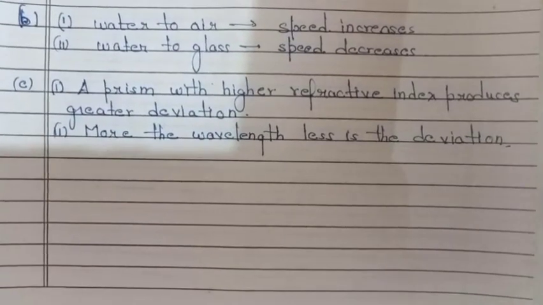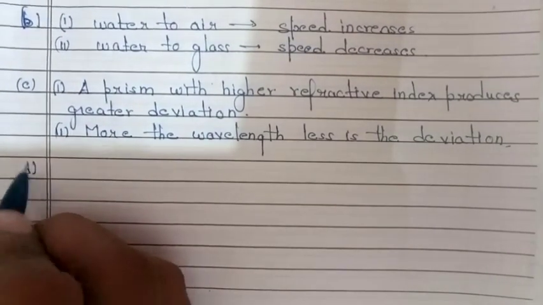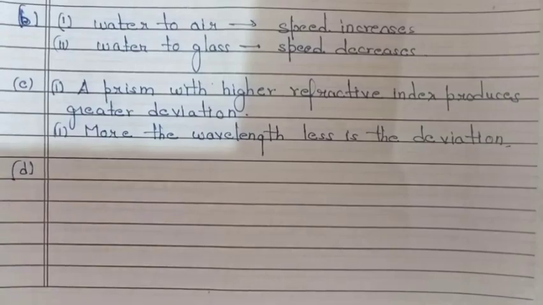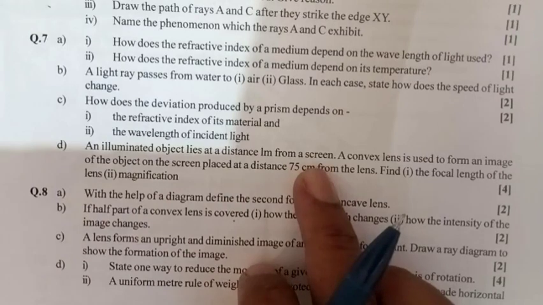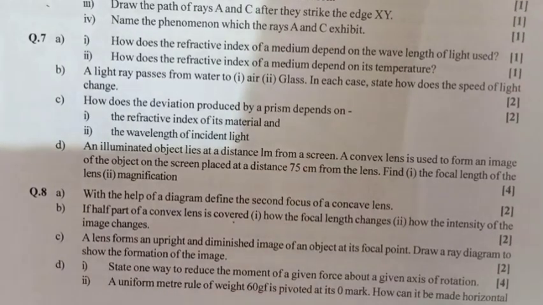Let's see what they have given in the D part. In the D part, they say an illuminated object lies at a distance of 1 meter from the screen. So they have given you the distance between the object and the screen. It is 1 meter.